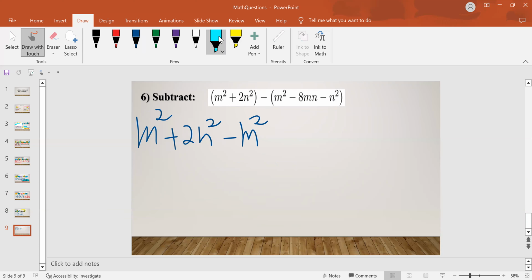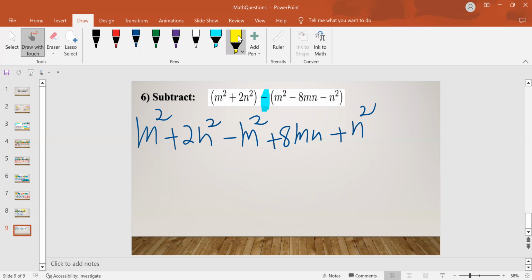Okay, the negative sign there will change the signs in the other parentheses. So we're going to have a positive 8mn plus n to the second power.